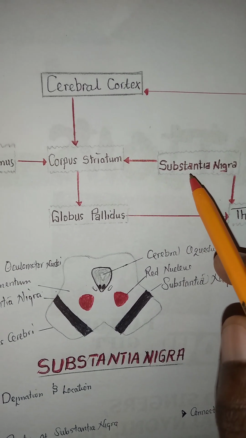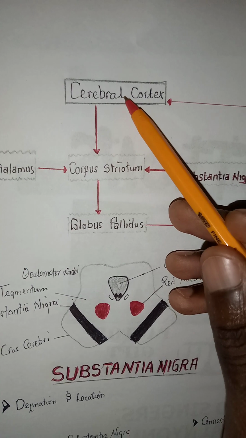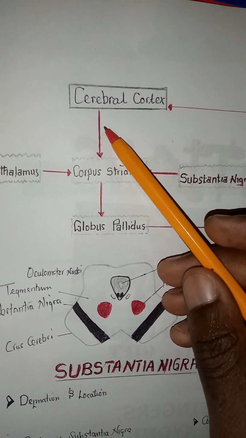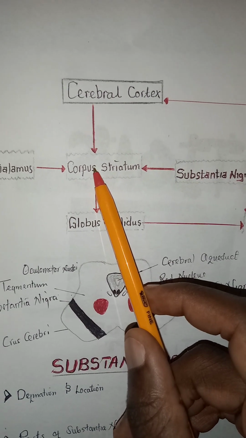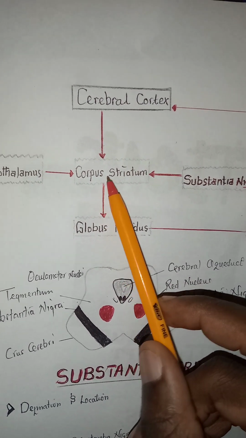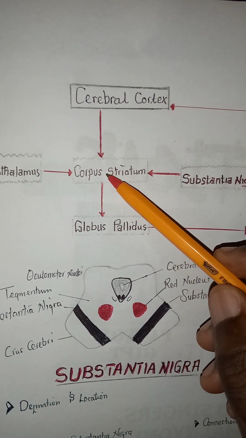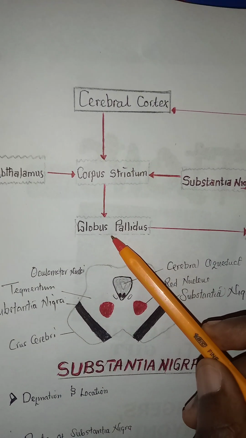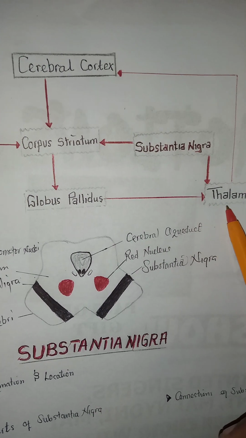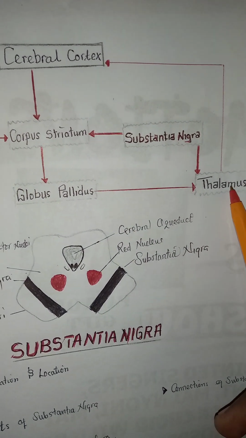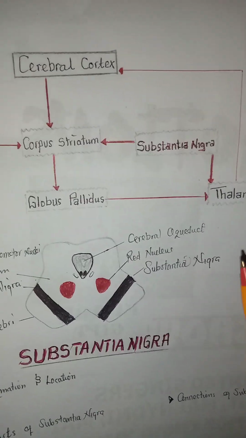So you can see the circuit of the basal ganglia. Here the cerebral cortex sends information to the corpus striatum, and then the corpus striatum sends to the globus pallidus, and then the globus pallidus sends to the thalamus, and the thalamus sends it back to the cerebral cortex.